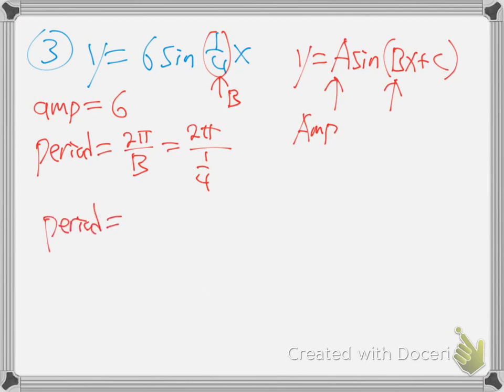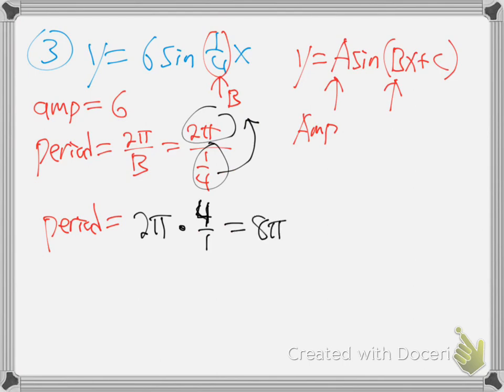You flip, because dividing is upside down multiplying. You take the 1 in the bottom and flip it upside down and make it times. You bring it up here, make it 4 over 1. So it's 2 pi times 4 over 1, it's 8 pi. So the period is 8 pi.